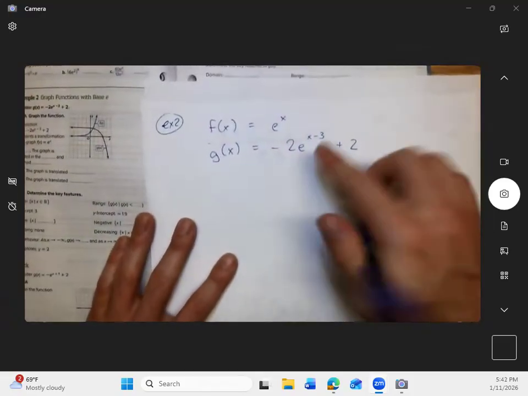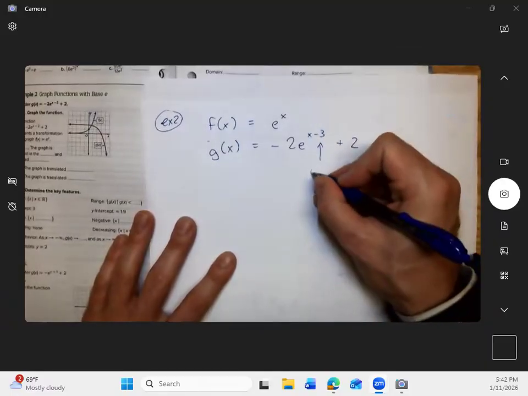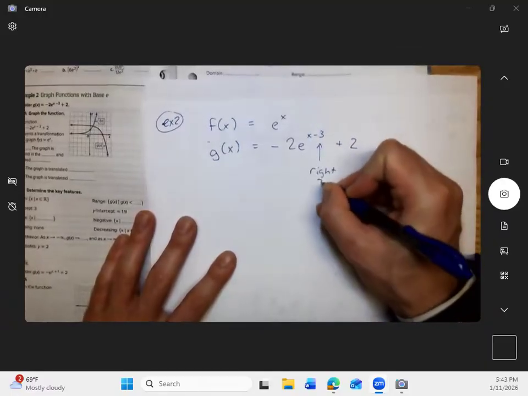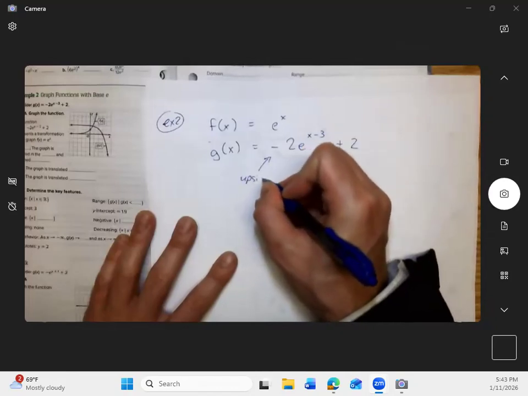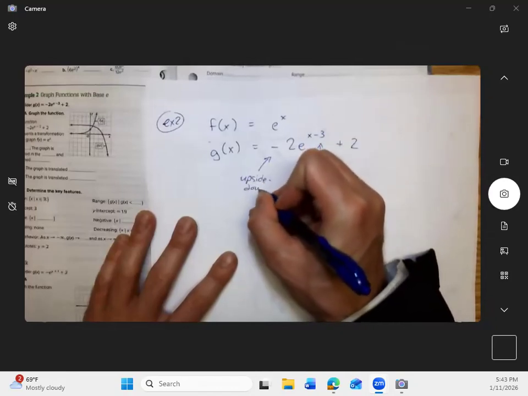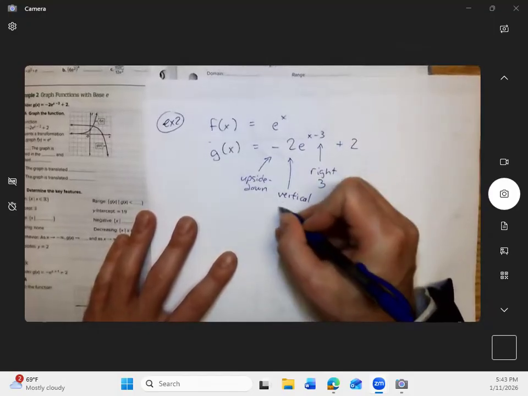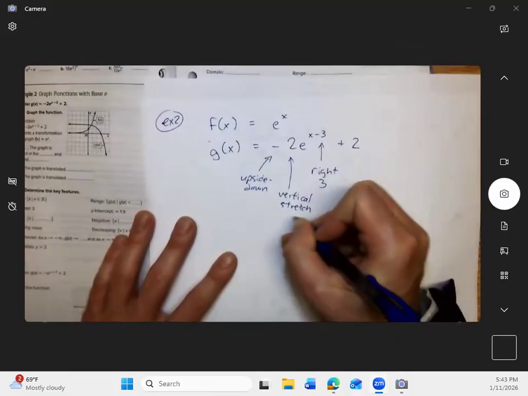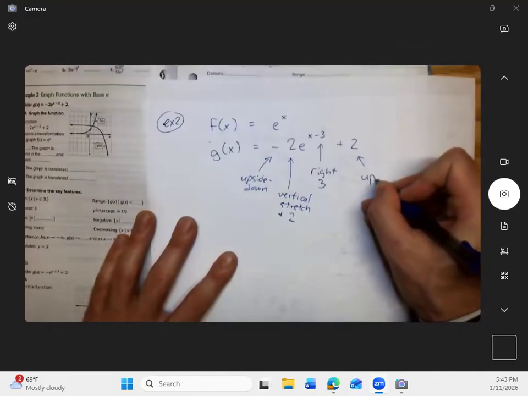I think this minus 3 part says go to the right 3. This negative means upside down. This 2 means vertical stretch, factor of 2. And this 2 at the end means go up 2.